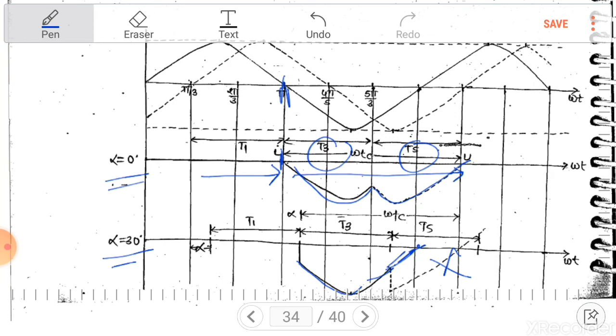Only one thyristor action is considered for alpha greater than 60 degrees, so it is subtracted from pi, but for alpha less than 60 degree it is subtracted from 4 pi by 3 minus alpha, and after 60 it is pi minus alpha. So it is clear from the waveform analysis how we get the formula.